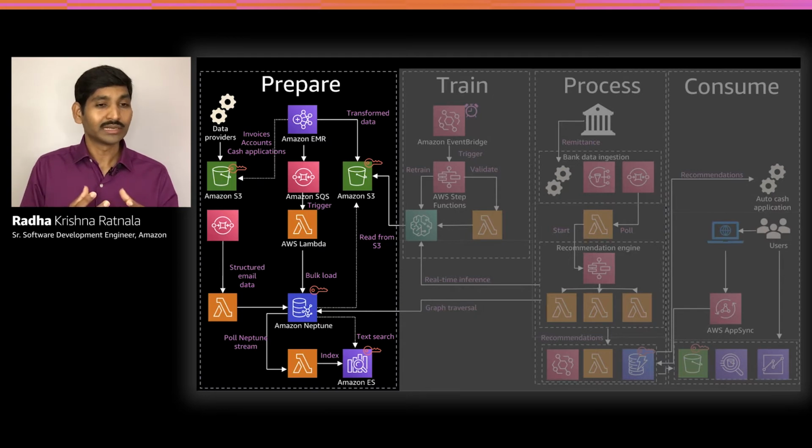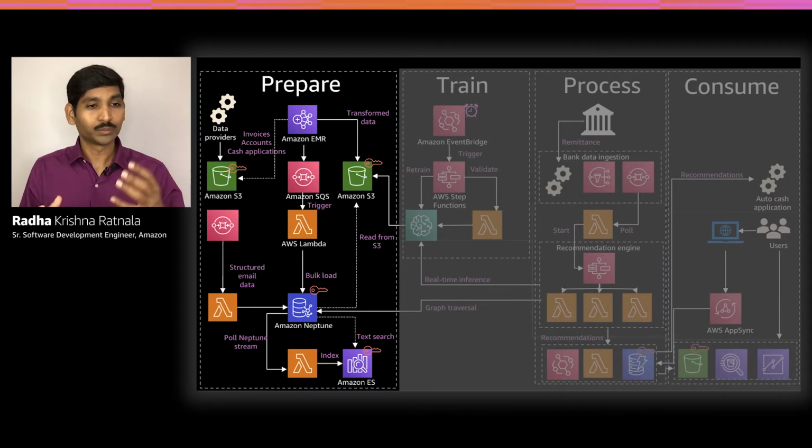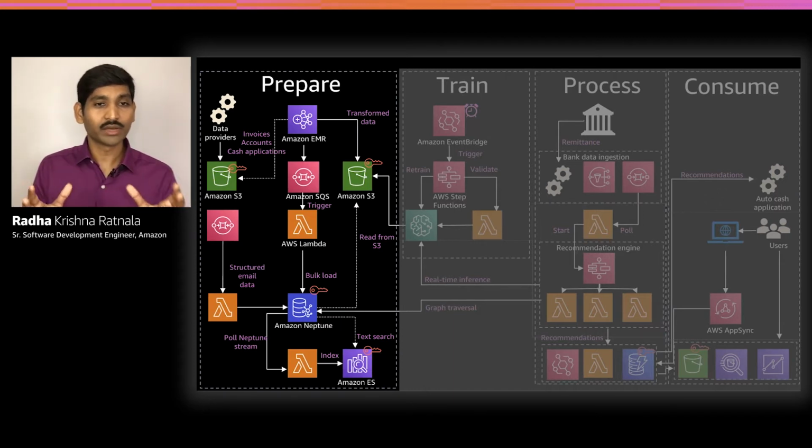We use Amazon Elasticsearch for those partial tokens and search for the actual invoices. An interesting challenge here is how to keep Neptune as well as Elasticsearch consistent. Neptune supports Neptune Streams, which is change data capture, which we use to keep the Elasticsearch data consistent so that applications don't have to worry about writing to two different databases. So this is how we have prepared the data.